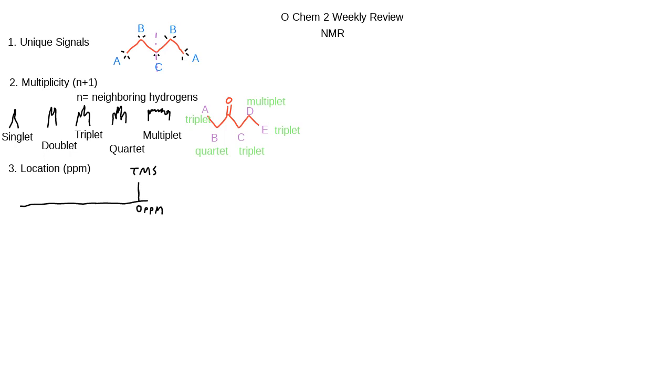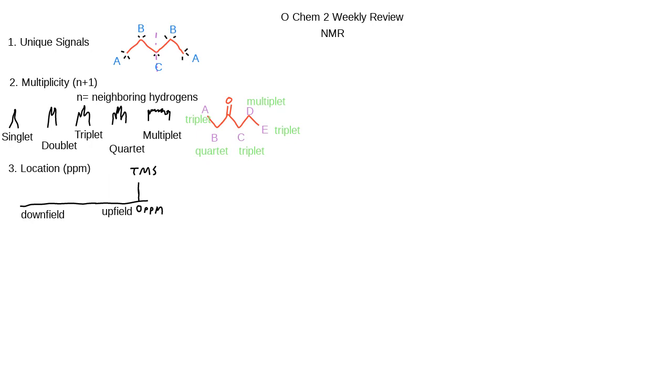So this is, again, a benchmark that we use to compare the rest of these signals. If we are going to the left of the graph, it is called downfield, and if we go to the right, it's called upfield. Now, downfield and upfield are terms you will mainly use or hear, but sometimes your professor may also say deshielded or shielded.